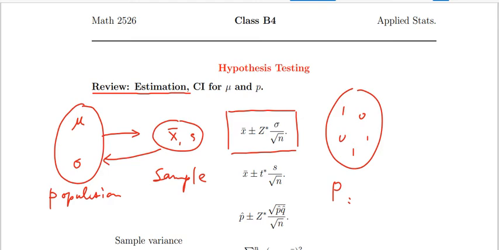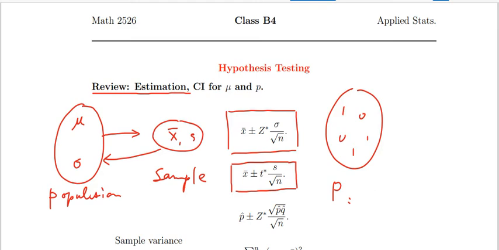This formula assumes we know sigma. But in a real situation, we don't know sigma. So then we replace sigma by s, the sample standard deviation. Then we need to change this z star to t star. We have the t table, the t distribution, so we need to find this t star from the t table. If the sample size is quite big, there is not much difference between the z table and the t table.